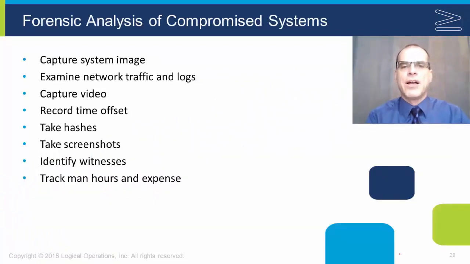When we go to analyze a system that we believe has been compromised, there are a number of different procedures that we may follow. Now, often our investigation after capturing our volatile information may start out with capturing a forensic image of the system. This is a bit-for-bit copy, sector-by-sector copy. We're not doing the copy at the file system level.